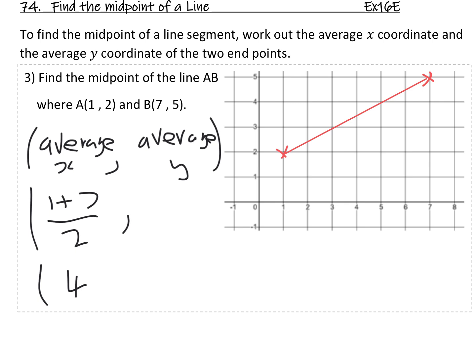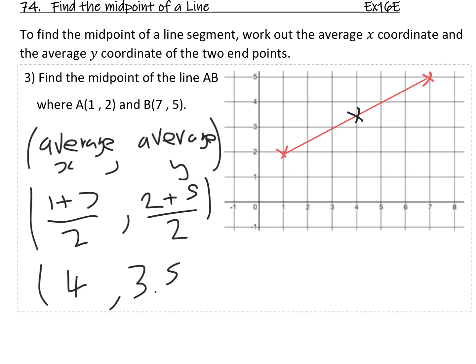Let's repeat that process for the y. This line again goes diagonally, but in a vertical sense it starts at 2 vertically and it ends at 5 vertically. So what's the average of 2 and 5? 2 plus 5 is 7, and 7 halved is 3.5. Now we can mark that midpoint on there.